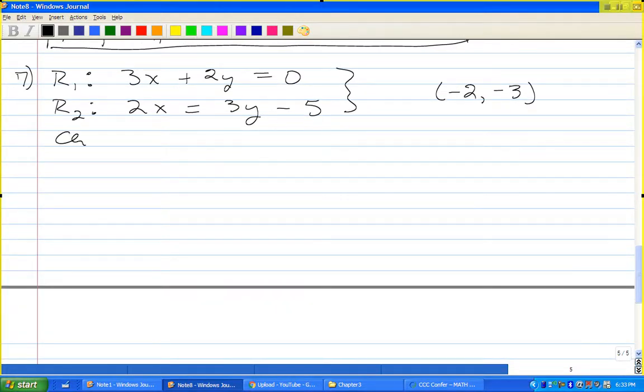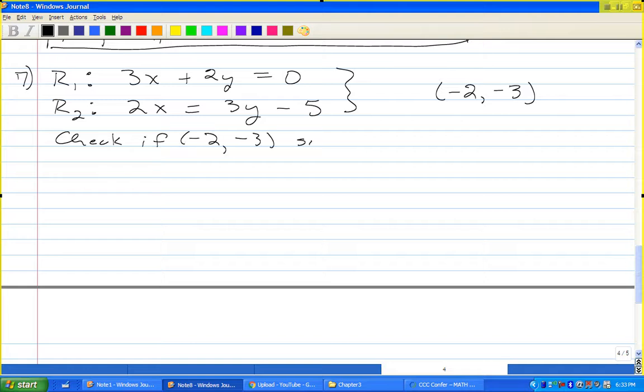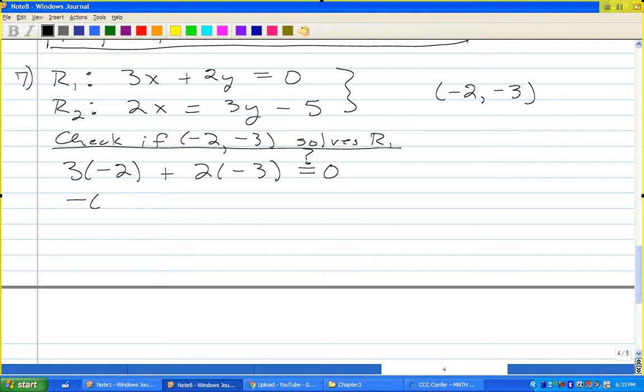So let's check if (-2, -3) solves R1. So is 3x plus 2y equal to 0? Is negative 6 minus 6 equal to 0? No. So no, (-2, -3) is not a solution to the system of simultaneous linear equations.